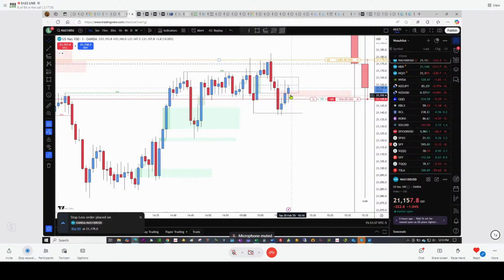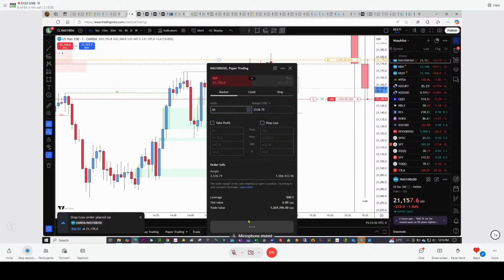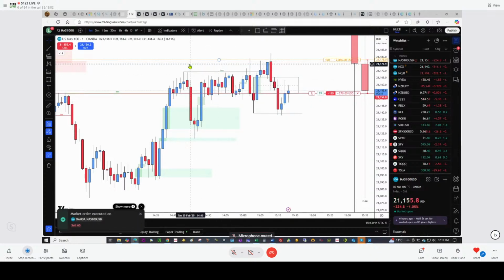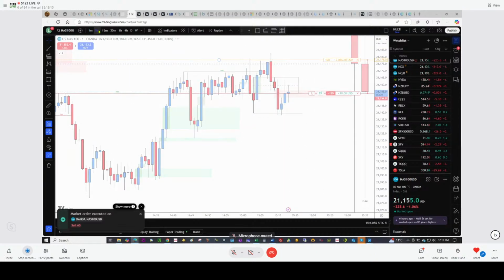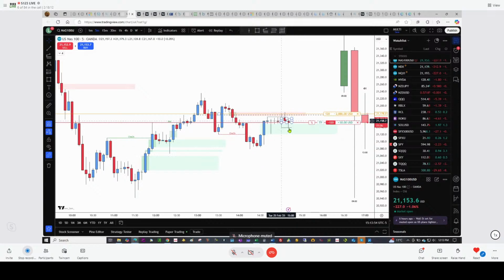Well, my sell is just starting to set up. I couldn't really take it yet. It's an iffy sell because they could push through. We're right inside a large gap on the 5 minute.